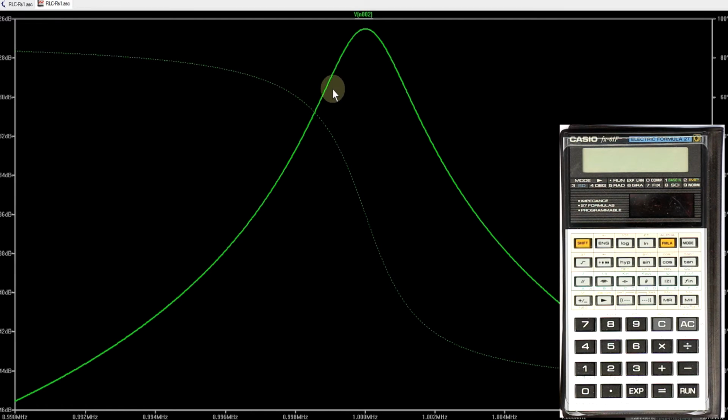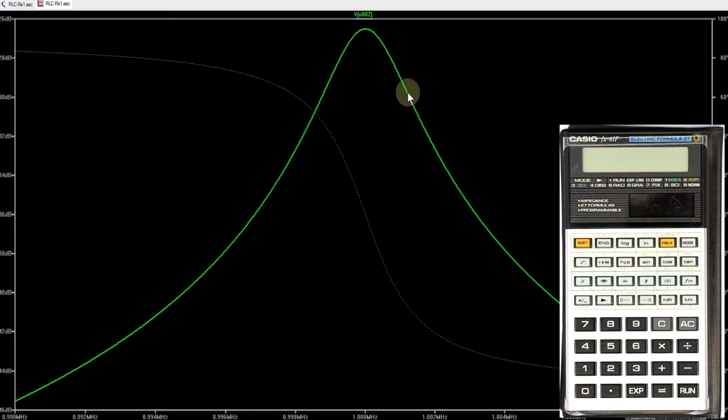And now we go to the left and find a frequency of, rounded, 999 kilohertz, and to the right it's 1001 kilohertz. So all in all, the 3 dB bandwidth is 2 kilohertz, 1 kilohertz to the left, 1 kilohertz to the right.